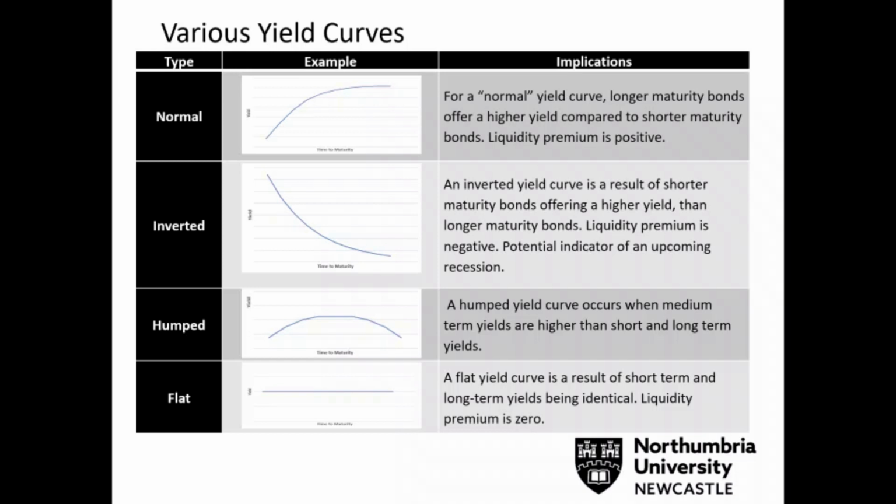There are also potential gaps in the yield curve, so at certain times to maturity, some bonds may not get issued, therefore these lines could have gaps in them. So there's a range of different shapes of yield curves that you may see, and you'll have to potentially interpret why it looks like this. But from a theoretical point of view, these are the traditional shapes that you may see.